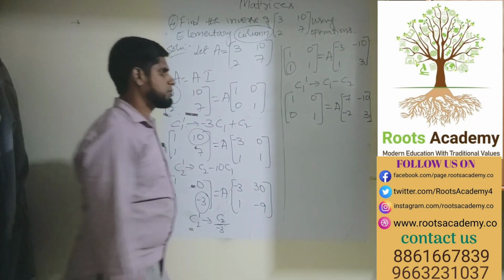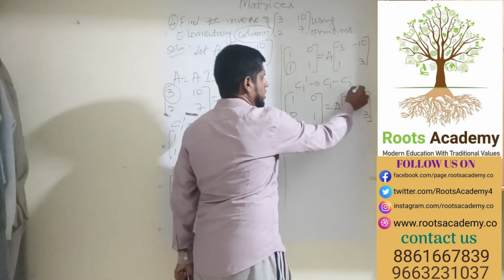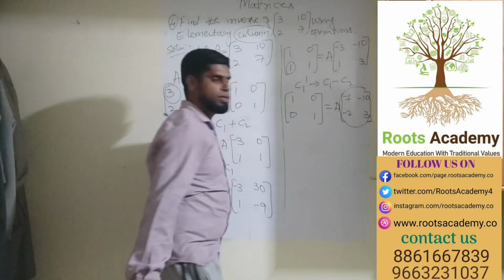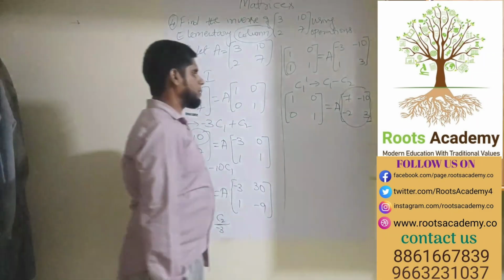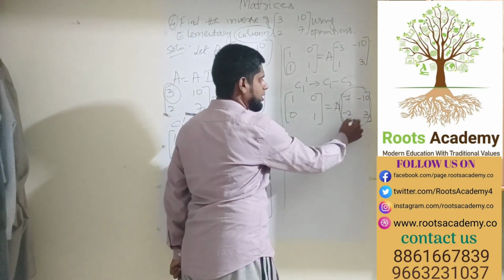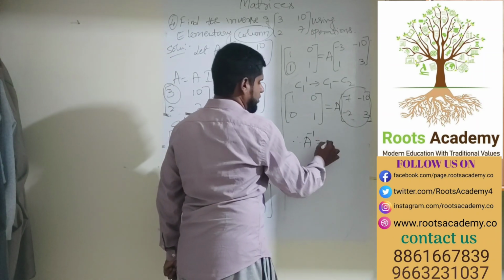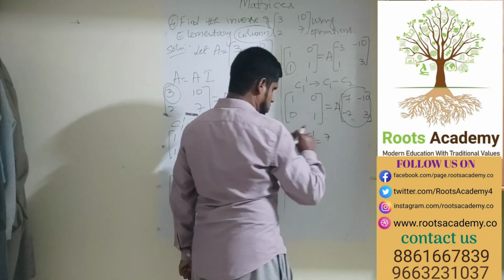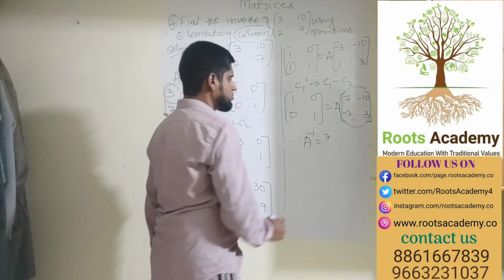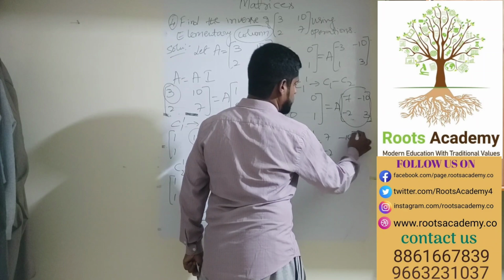Student, I got an identity matrix here, and this is the new changes in the matrix. So this matrix I can call it as inverse matrix. Therefore, A inverse is 7 minus 10 minus 2, 3.